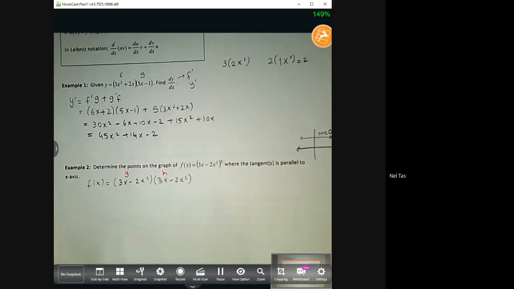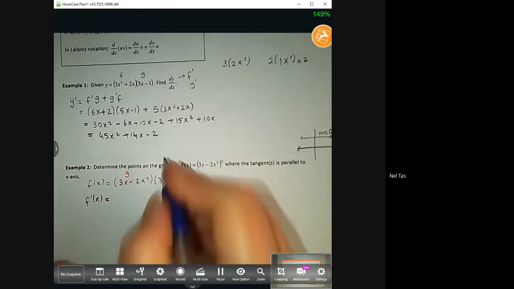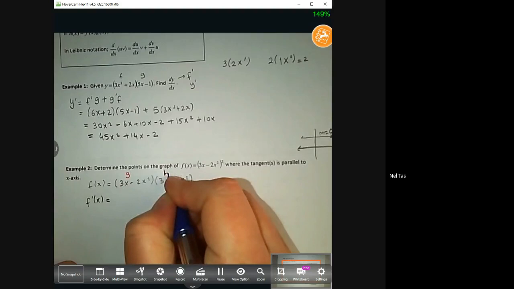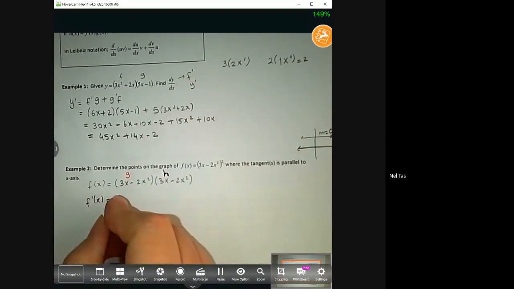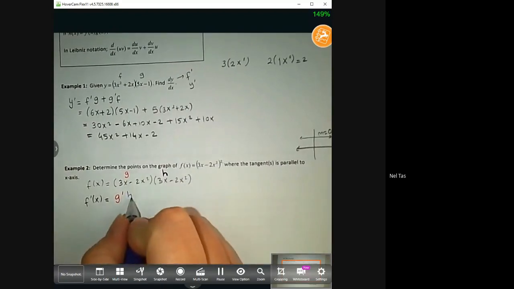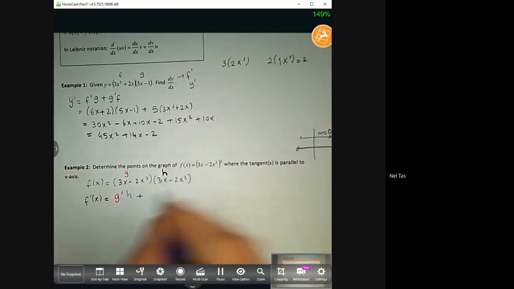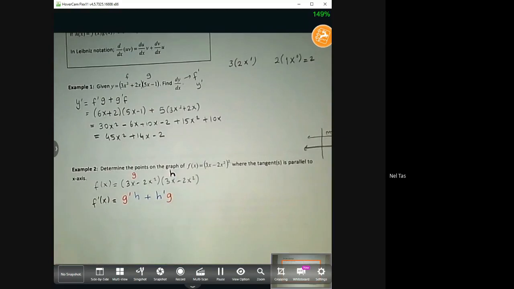So when we take the derivative, let me do the g with blue. We are going to do the derivative of the first function, g prime, times the second function, plus the derivative of the second function times the g function, the first function.